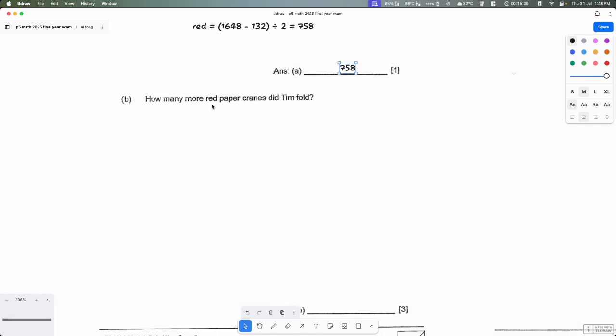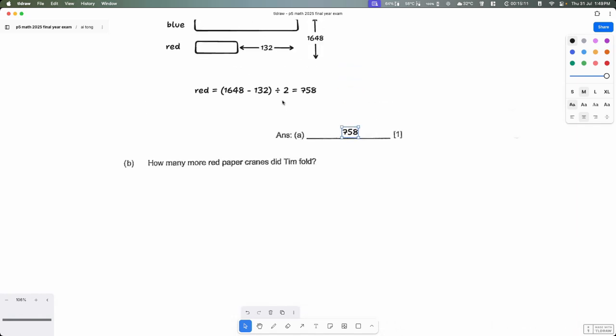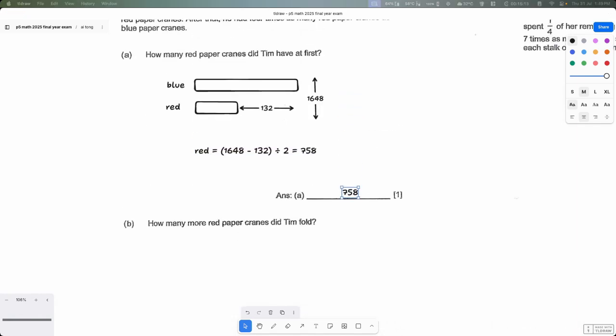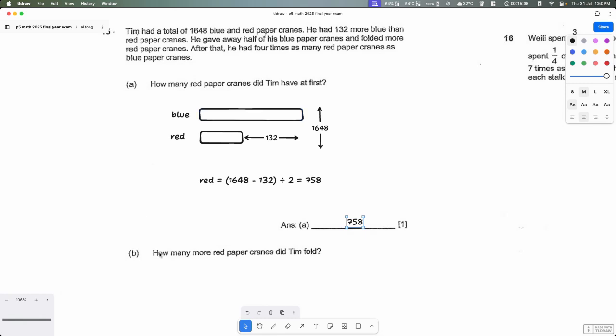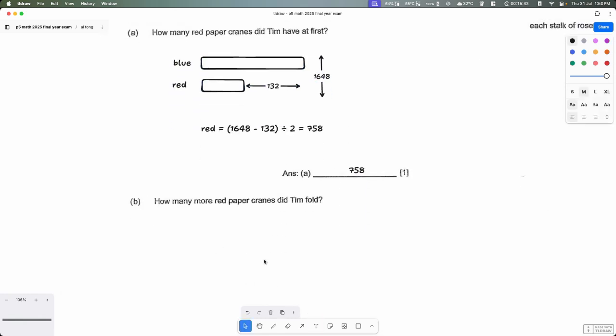How many more red paper cranes did Tim fold? So at first, blue is equal to 1648 minus 758.